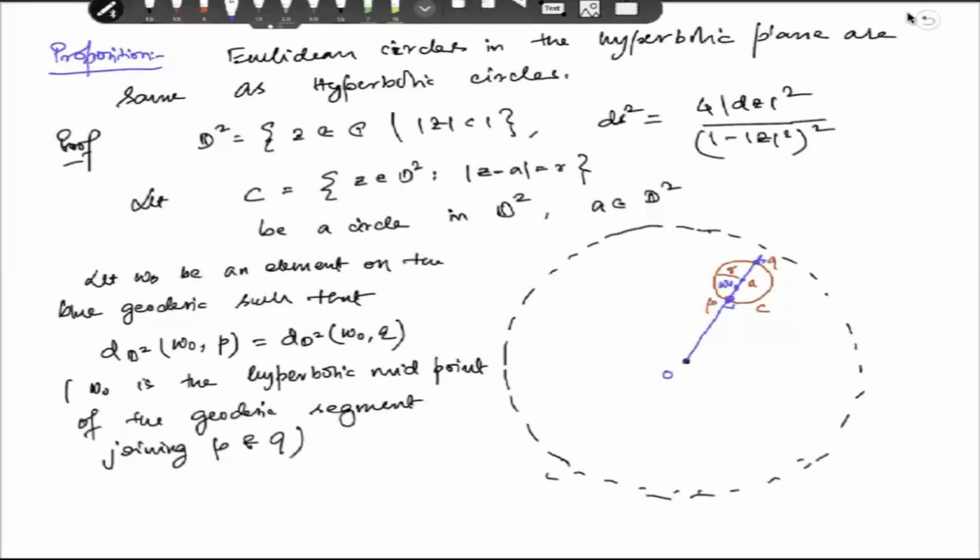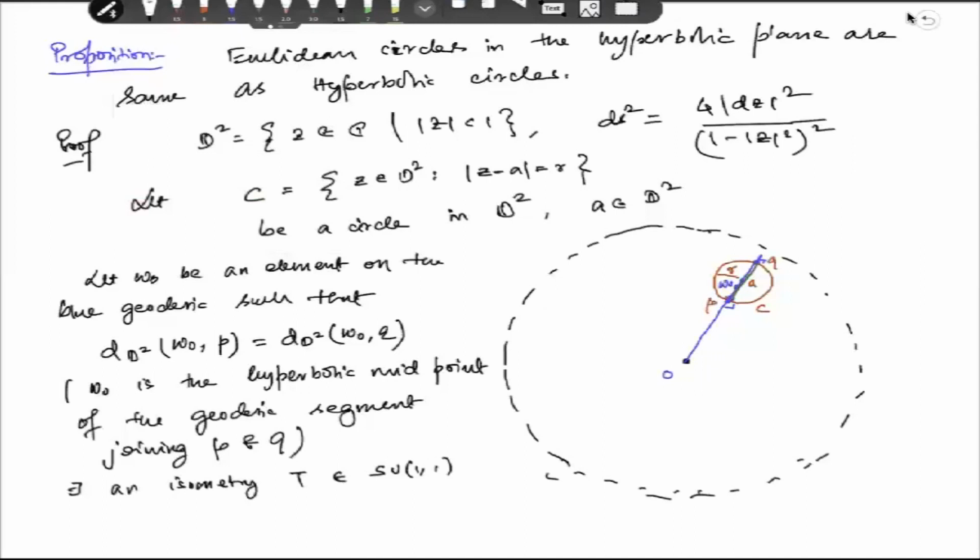Okay, so now let us focus on this geodesic segment joining P and Q. So we know there exists an isometry T, and in fact it belongs to this SU(1,1). SU(1,1) acts by isometry on this unit disk. I have given this as an exercise earlier.